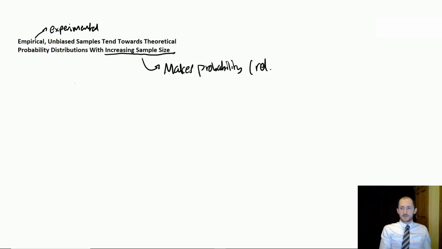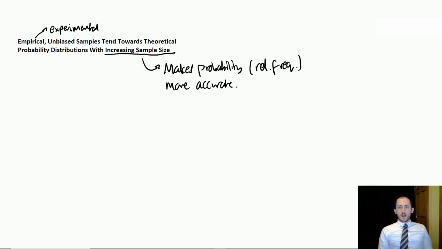So the idea is that if you take a sample and you do something, increasing the sample size makes the probability more accurate, always. And by probability, I mean the relative frequency. More accurate.